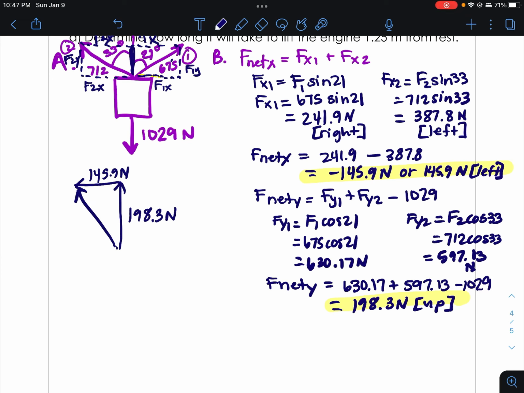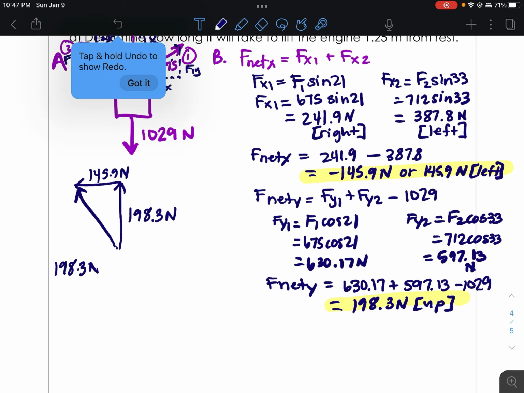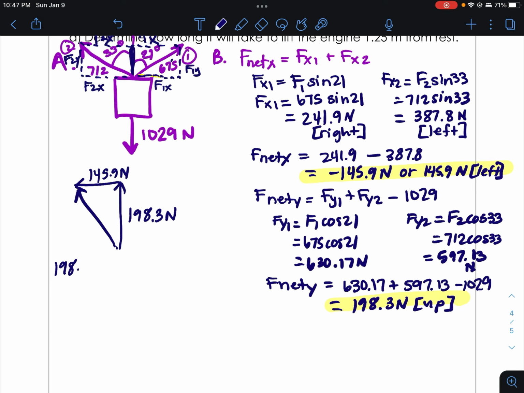How are we going to find that? Well, we're going to do a squared plus b squared equals c squared.